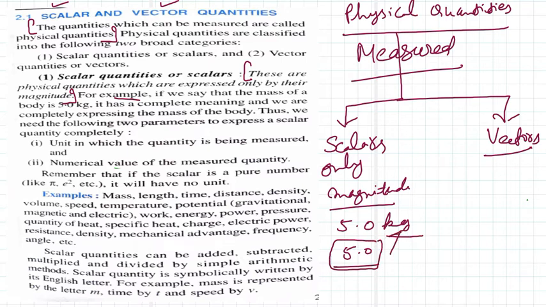The kg makes it sensible. We have a body which has 5 kg of mass.